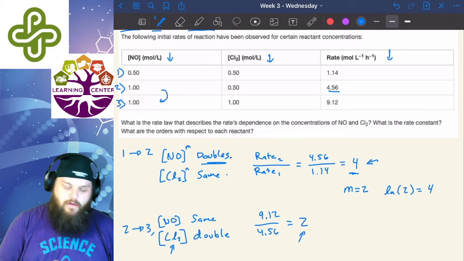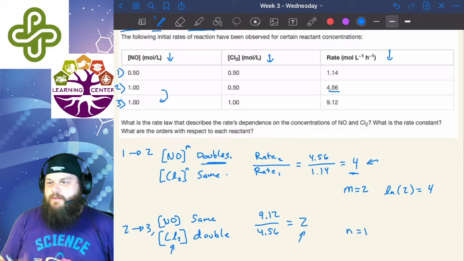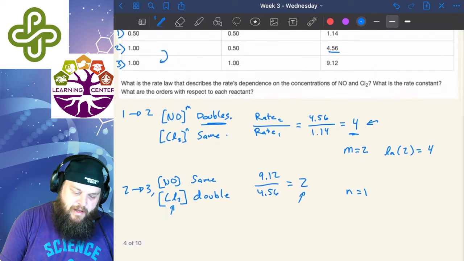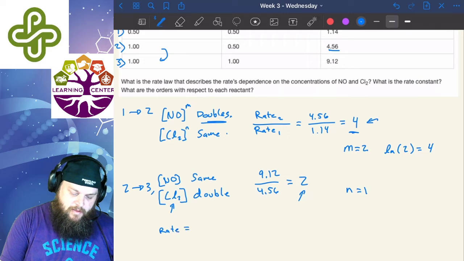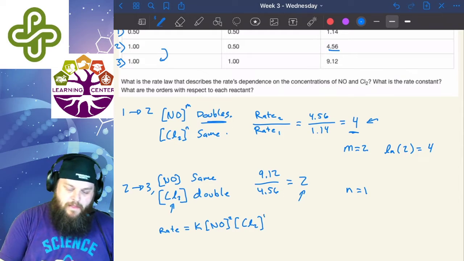It's proportional, which means the N must equal 1. So then we can write out what the rate law is, where the rate is equal to K times the concentration of NO to the power of 2 times the concentration of Cl2 to the power of 1. And that's going to be our rate law.